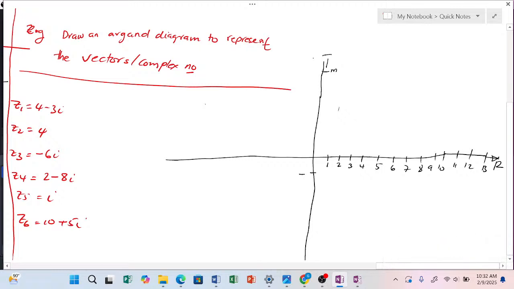I have my -1, -2, -3, -4, -5, -6, -7. I have my 1, 2, 3, 4, 5, 6, 7. I have my -1 here, -2, -3, -4, -5, -6, -7, -8, and -9.